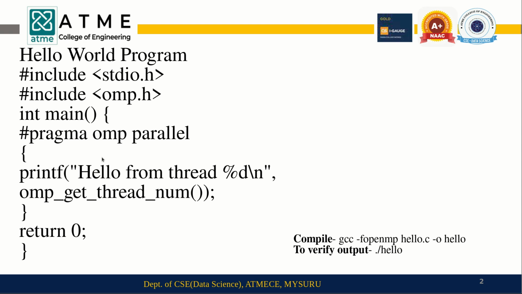For example, here we are printing "hello from thread %d\n", and we are getting a thread number. This is a runtime function supported by OMP during runtime processing. Here omp_get_thread_num returns, for example, if your system has around 16 threads, hello from all 16 in any order.